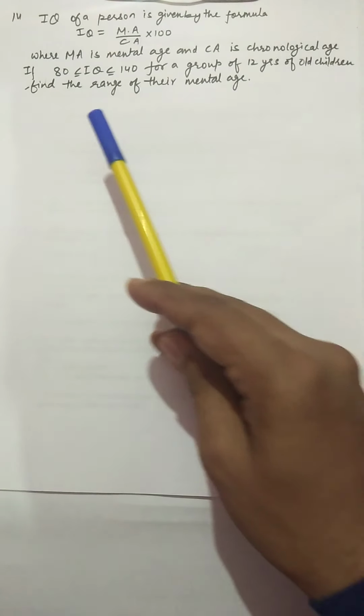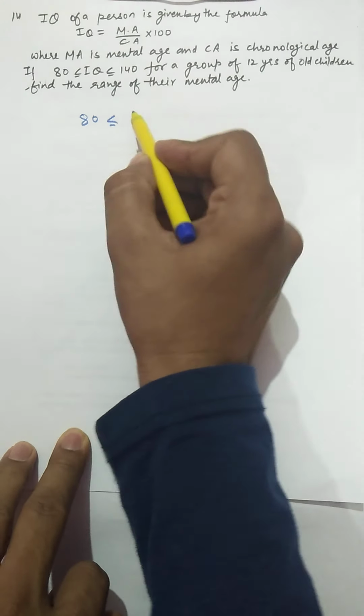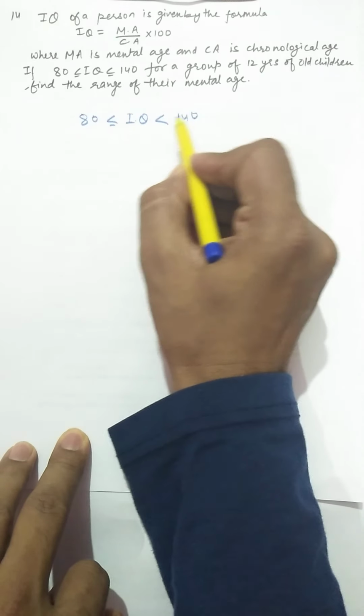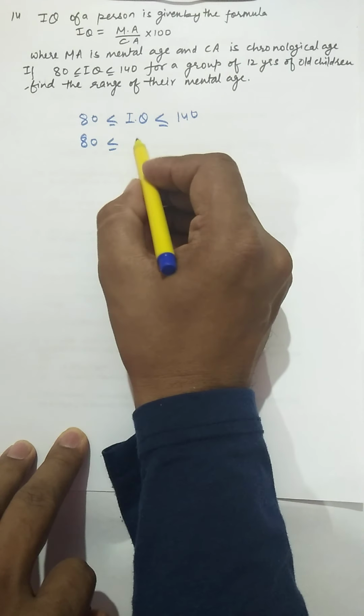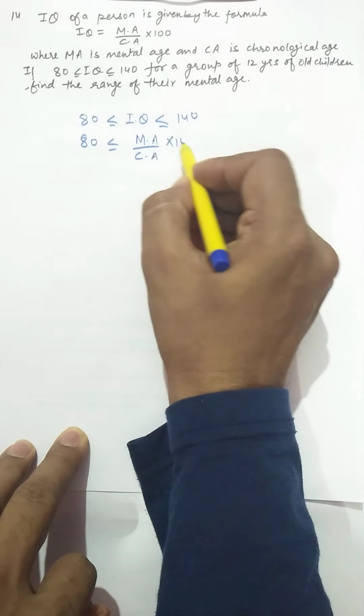It's given to you that IQ is 80 to 140 for a group of 12 year old children. Find the range of their mental age. So IQ, you will start from here only. 80 is IQ, and this is 140. So we'll substitute the values which we have. The formula is IQ equals MA upon CA into 100.